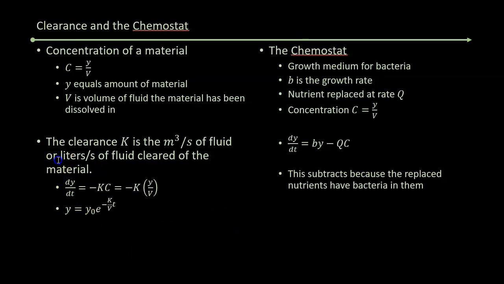And so that looks like, as an equation, the change in concentration per time is minus the clearance times the current concentration, right? And so this, minus K Y over V, the change in the amount I have is minus K times concentration. And you can solve this pretty simply.